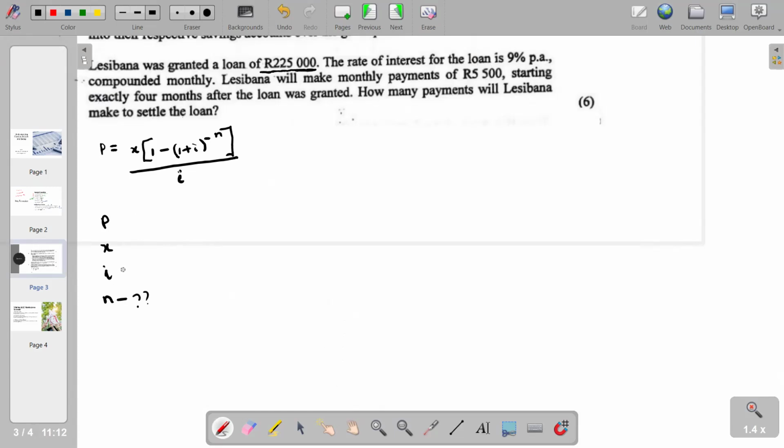Then I: you are told it's 9%, but you convert that to a decimal by dividing it by 100. So it becomes 0.09, but you are told it's compounded monthly, so we are going to divide that rate by 12. X is representing the monthly payments, which is 5,500.